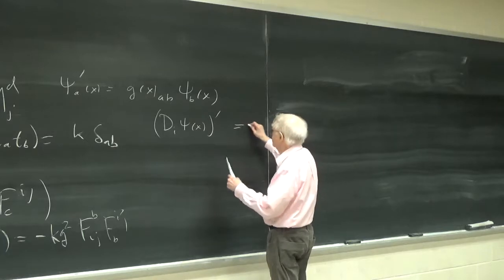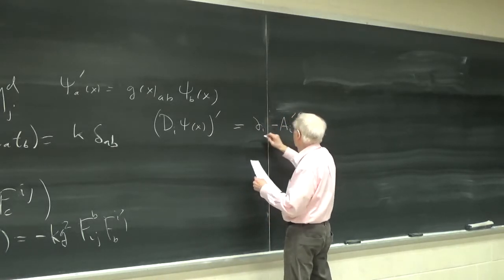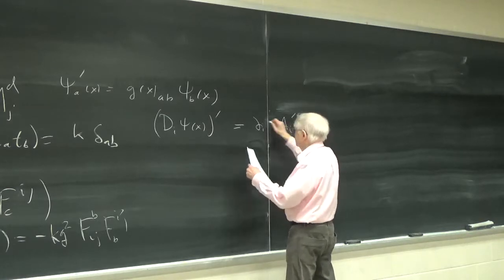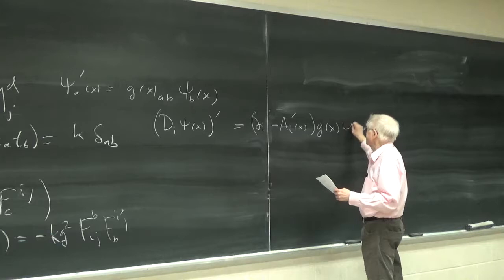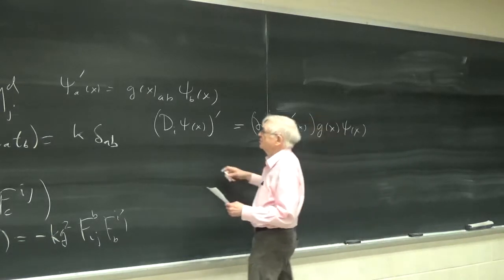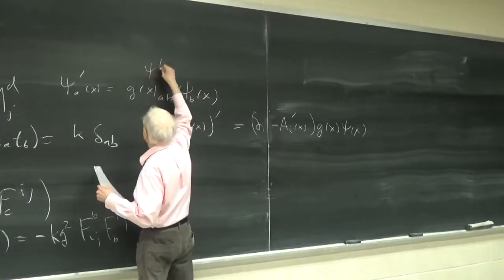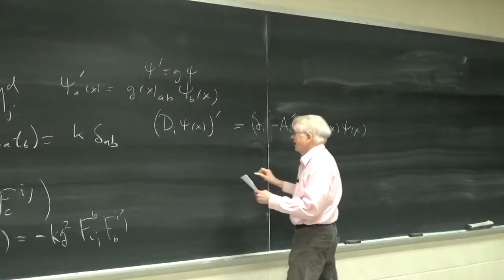So this is (d_i minus A_i prime of x) times psi prime, which in matrix notation is psi prime equals g psi.